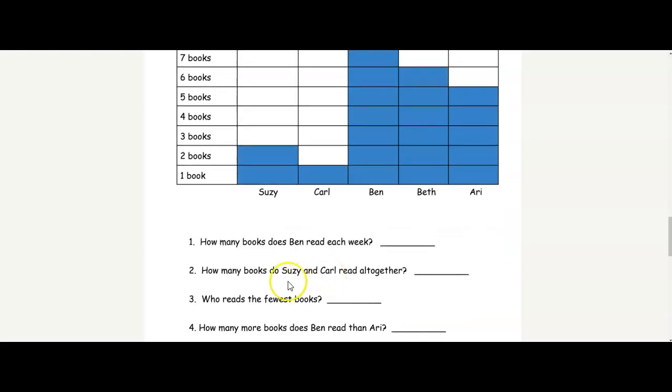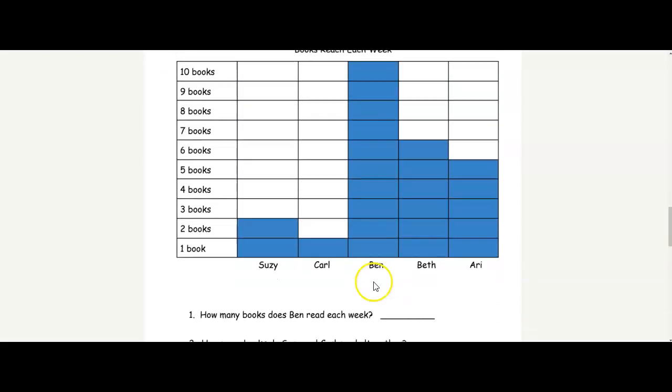The second question asks, how many books do Susie and Carl read altogether? Susie and Carl. So let's look at Susie and Carl's. Susie reads 2 books. And then Carl reads 1 book.